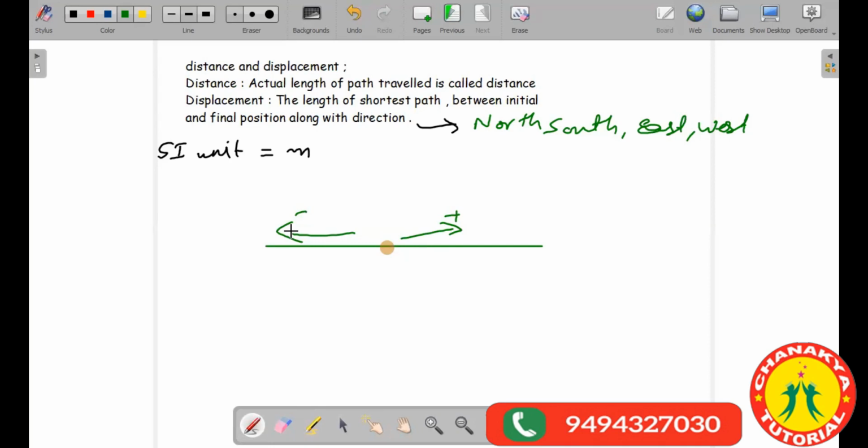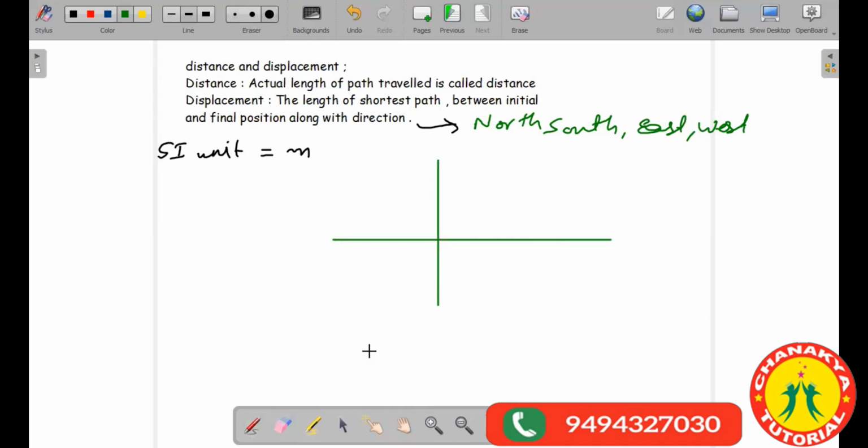Okay. If an object is in a plane, it can be two-dimensional. And then how to specify its direction? This is a little bit of a higher concept to find out the direction in two dimensions. Suppose an object lies over here. To specify its direction, I can provide its direction with the help of angle.